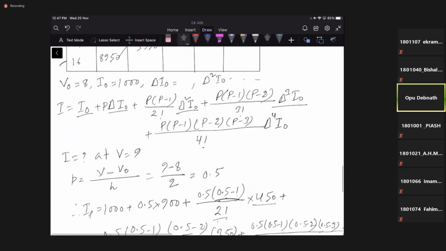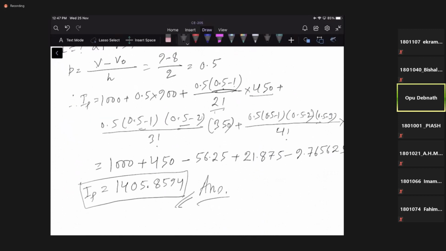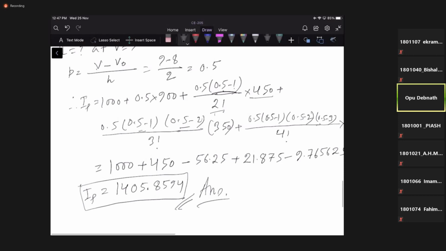So you should think that okay, there may be some mistake in calculation. If you find a value within the data set, it also must be consistent with the existing data. That means V is increasing, correspondingly I values are increasing.